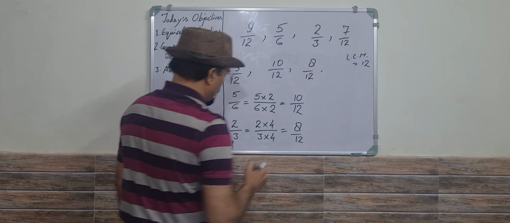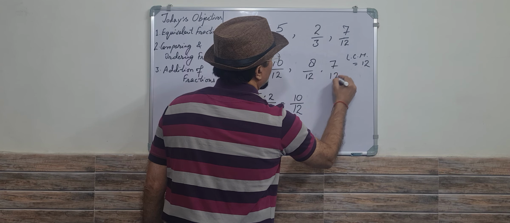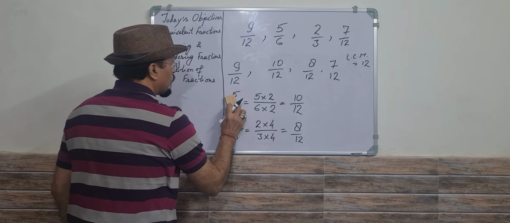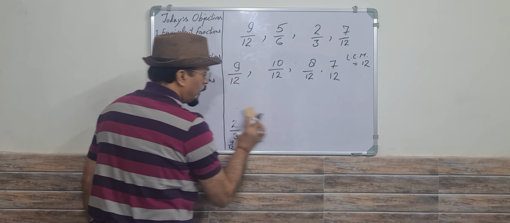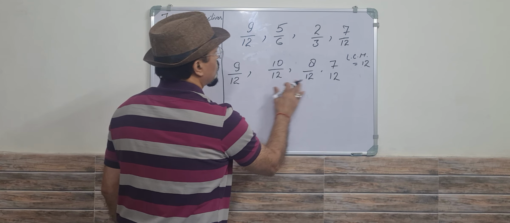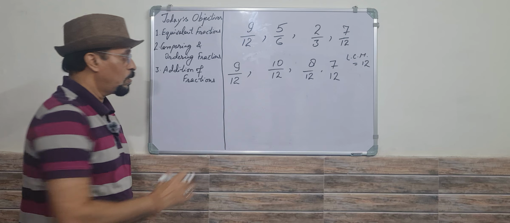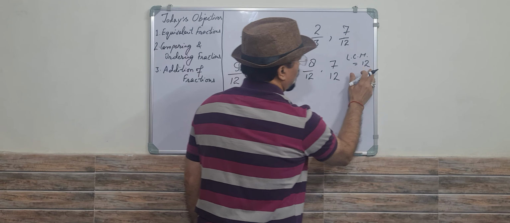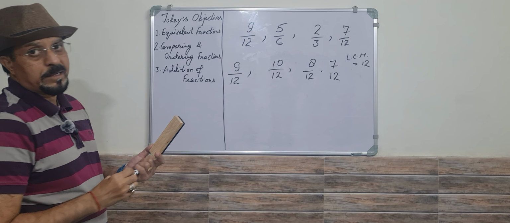And 7 by 12 will remain 7 by 12. Right? So this is how we have achieved the equivalent fractions. And now see, you have got all the denominators as 12, the same. That was the LCM. And now we can compare these.